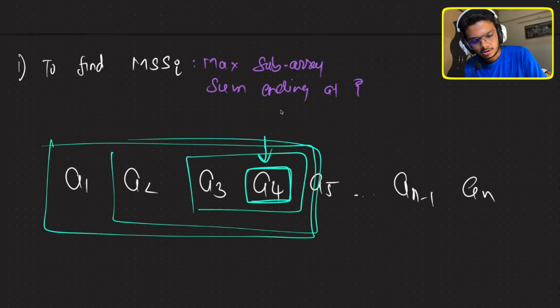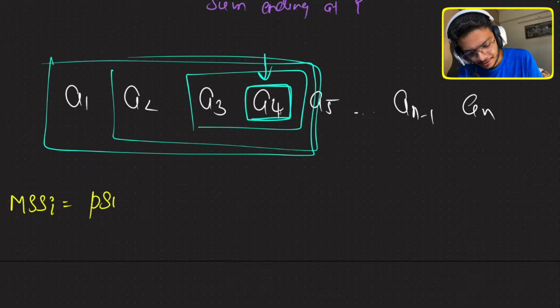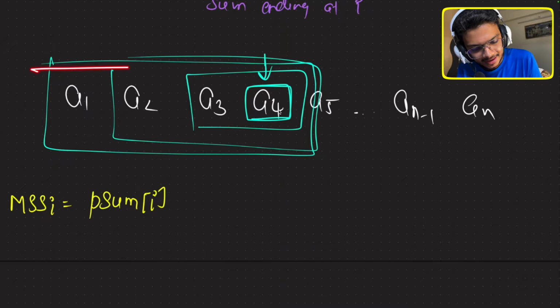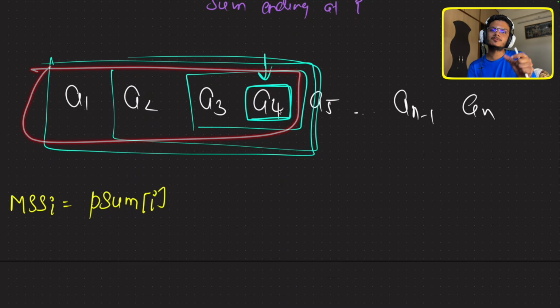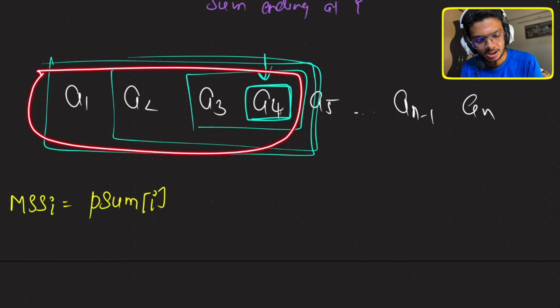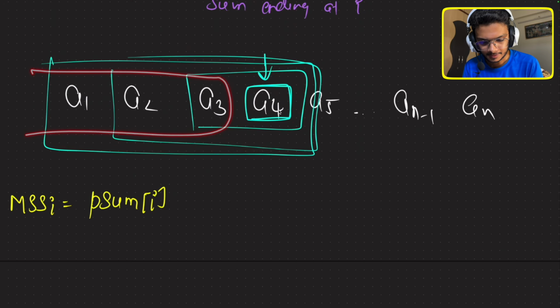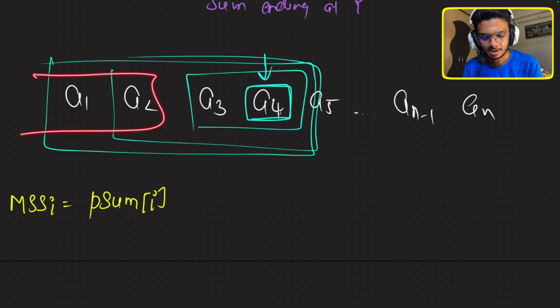Now very important: if you want to find the maximum subarray sum ending at index I, it can be found by first finding the prefix sum till I, right? So from this you remove the smallest possible prefix sum. That is, either you remove this, or this, or this, or you remove nothing.